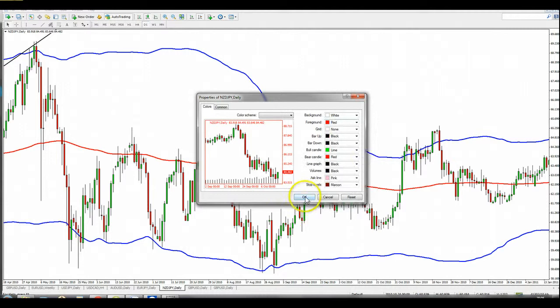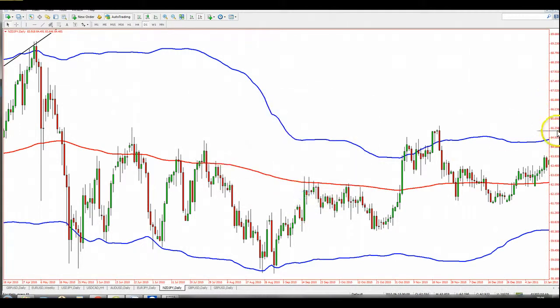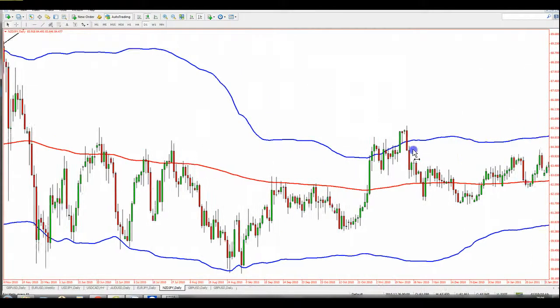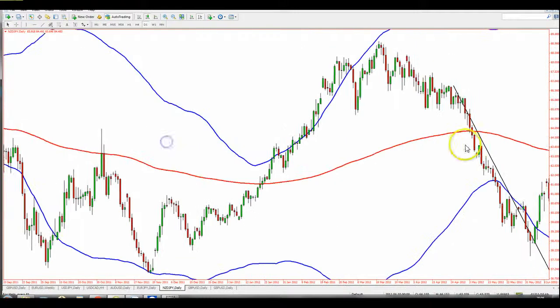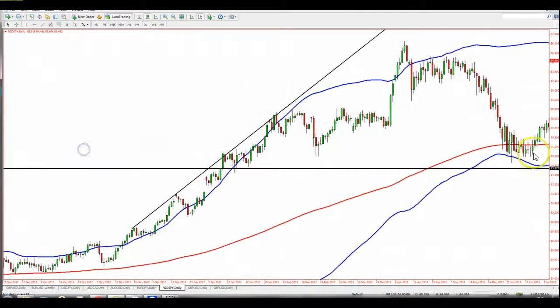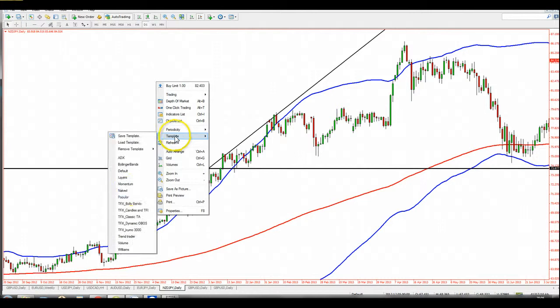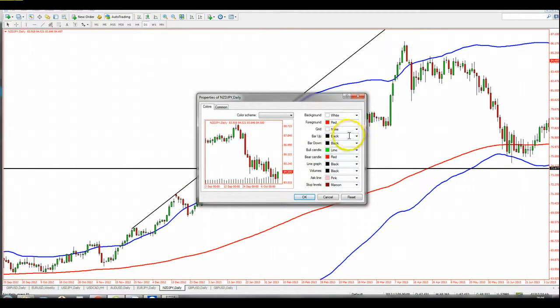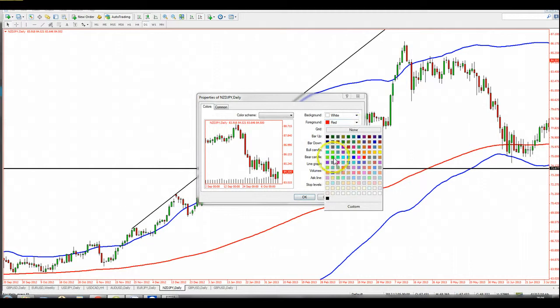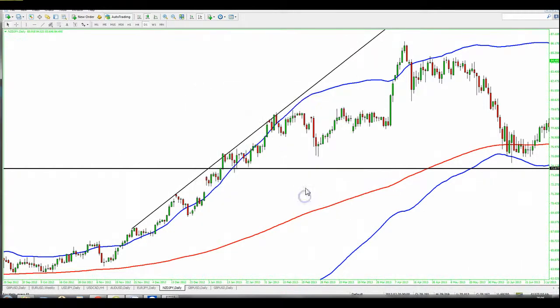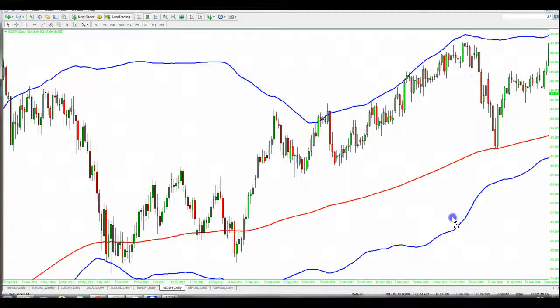I have the red for seller's market, so when the price is below moving averages, I like to have red outlines. When I'm in a buyer's market, I like to make it a green one, just to clearly illustrate if I can't see the moving averages at the point of time.